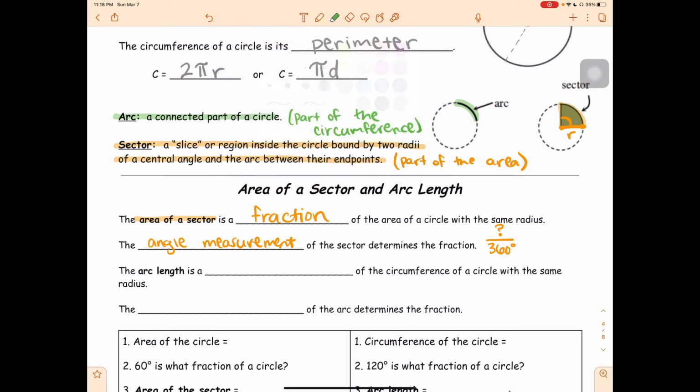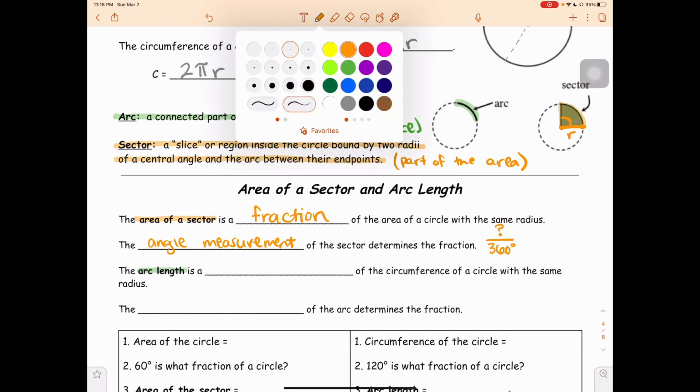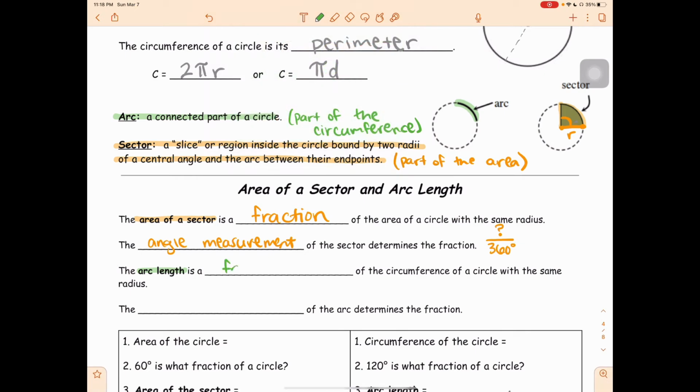Now the arc length, which was part of the circumference, is a fraction of the circumference of a circle with the same radius. So obviously it has to be on the circle just like this one is.